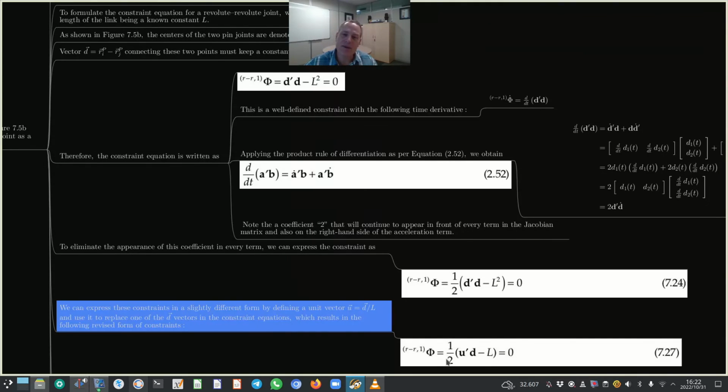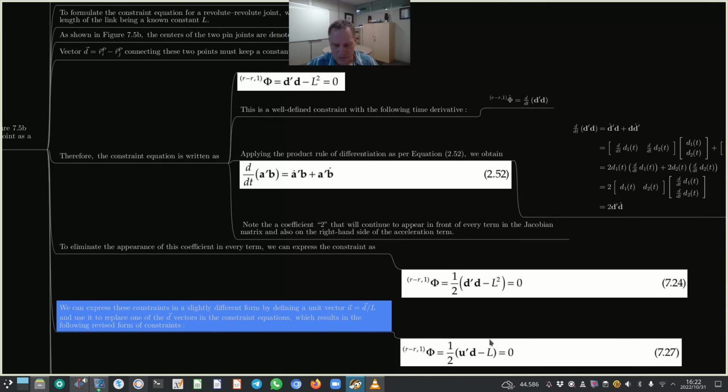Once again we are heading towards what the Jacobian submatrices look like, and what we need to define in DAP, the MATLAB algorithm, such that the Jacobian submatrices are defined and known in DAP, and the right hand side of the acceleration constraint equations.